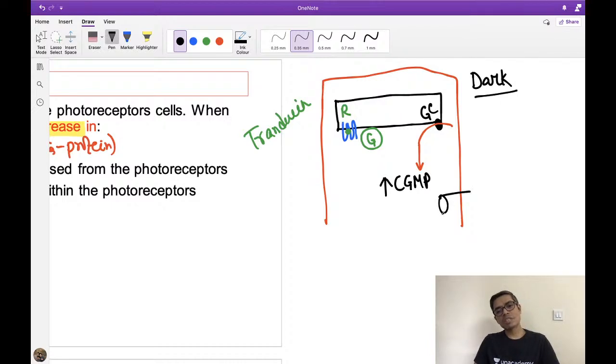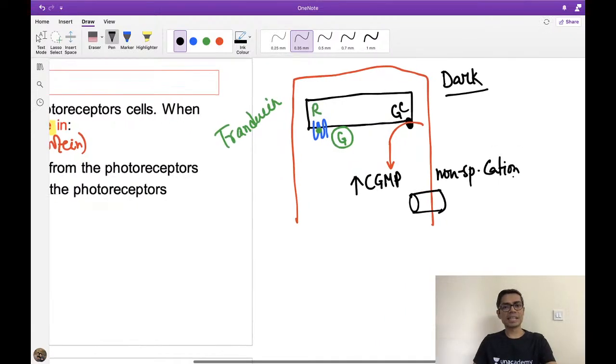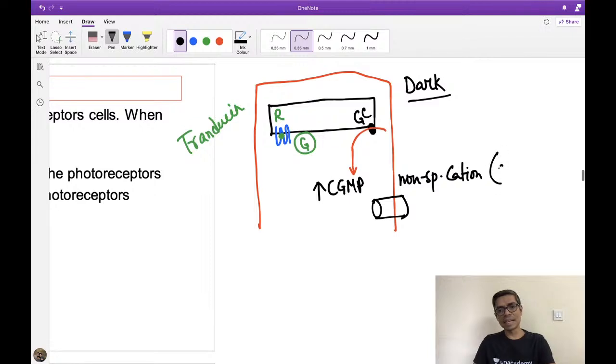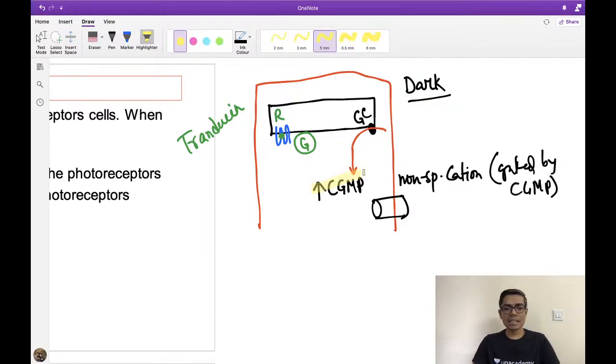There is a non-specific cation channel present here, and this cation channel is gated by cGMP only. That means if the cGMP level is very high, then the channel will remain in an open condition.